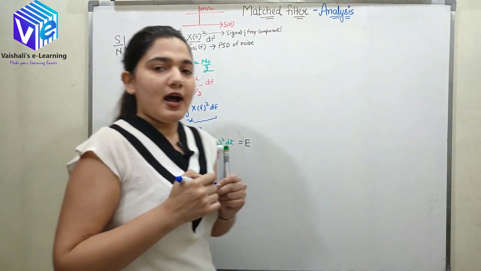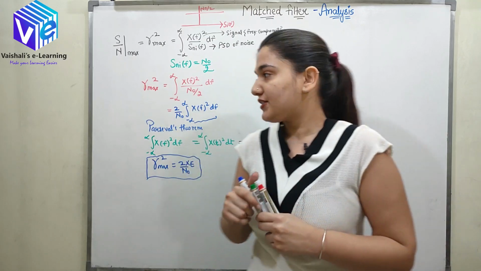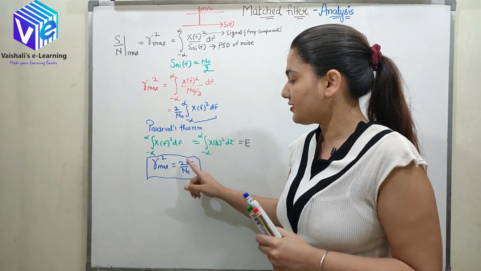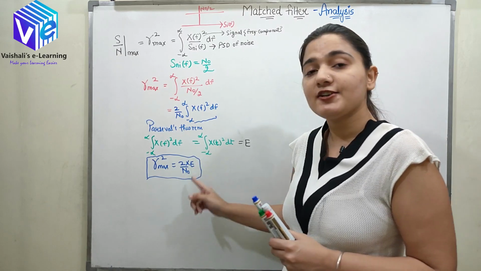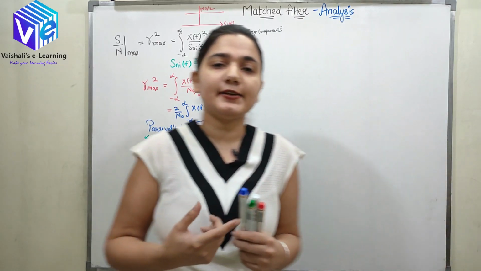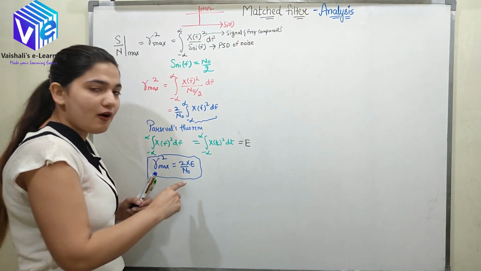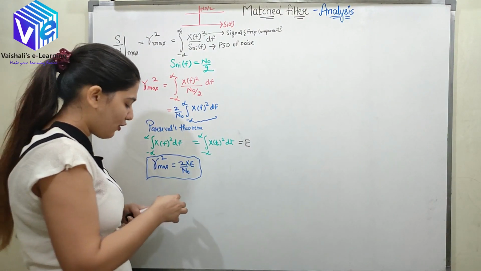Now I have analyzed the signal to noise ratio of the matched filter, and the signal to noise ratio is related to the energy of the signal. It is equal to the energy upon the power spectral density of noise.